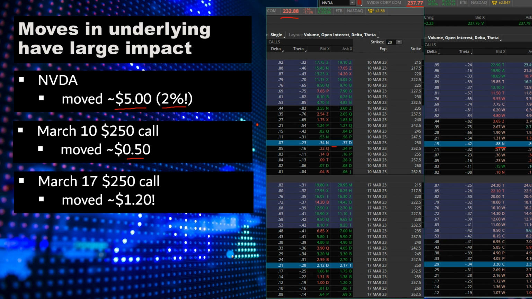However, if I had rolled the option at the time I made the original screenshot, it was trading around 333, and after a few hours, now it's trading at 215. So that's a difference of almost $1.20. Let me just write it here.